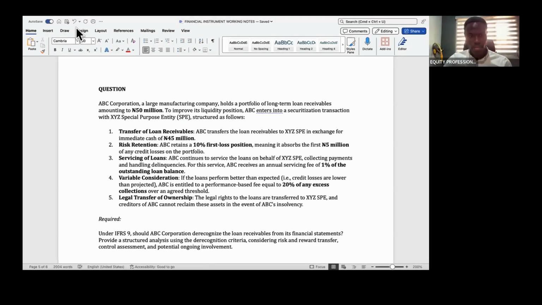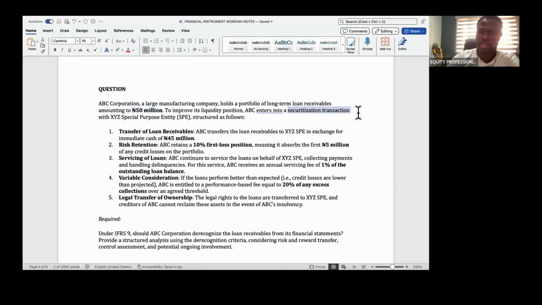Okay, thank you. So similar to the first question, this one also looks at ABC Corporation, saying that it has some loan receivables amounting to 50 million. We're now told that to improve its liquidity position, ABC enters into a securitization transaction.